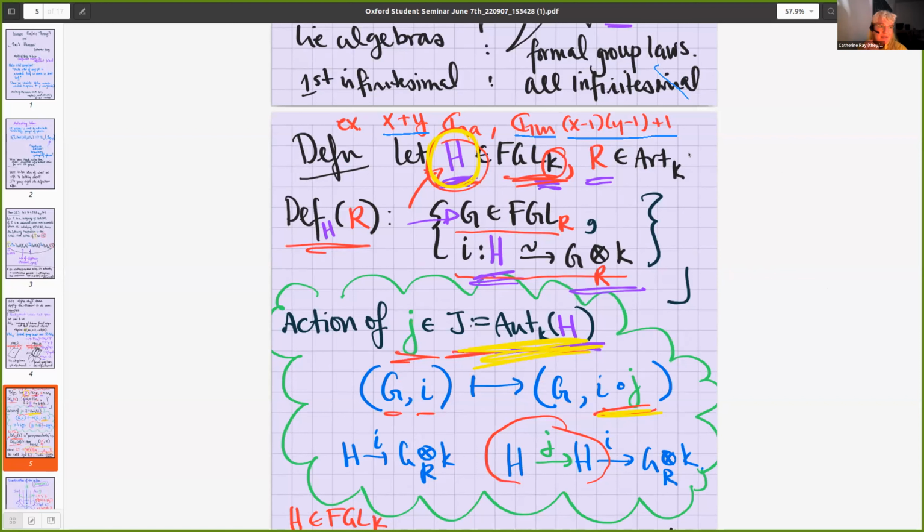For example, if you're not super familiar with local K algebras, if we take F_p and you want to consider a local F_p algebra, an example of this is Z_p, so the p-adics. Whenever you see R, coming from an Artinian local K algebra, you can just think of this as being the p-adics and the K here as being F_p. This is not going to remove too much of the point.